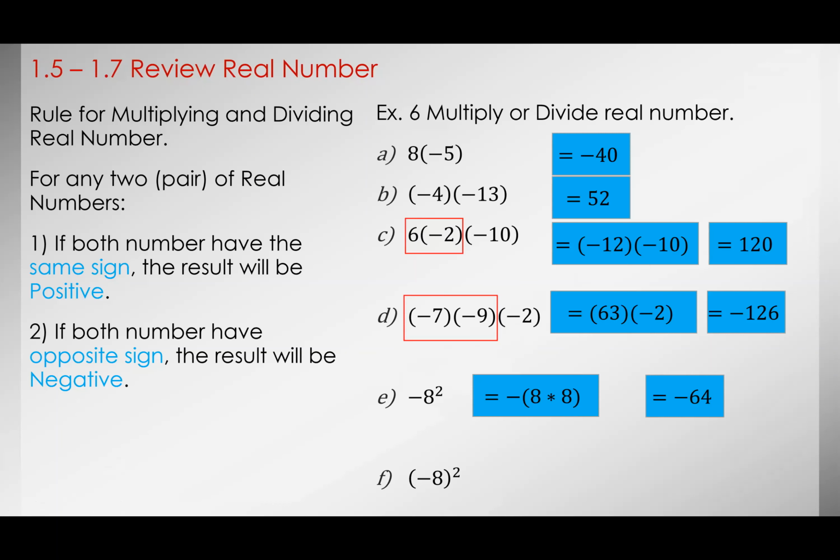As you can see, E and F, the difference between E and F is the parenthesis, right? If there's no parenthesis, the negative do not associate with the square. If there is a parenthesis, which is in this case, there's a parenthesis, which is a negative times a negative, everybody see the difference between E versus F, okay?